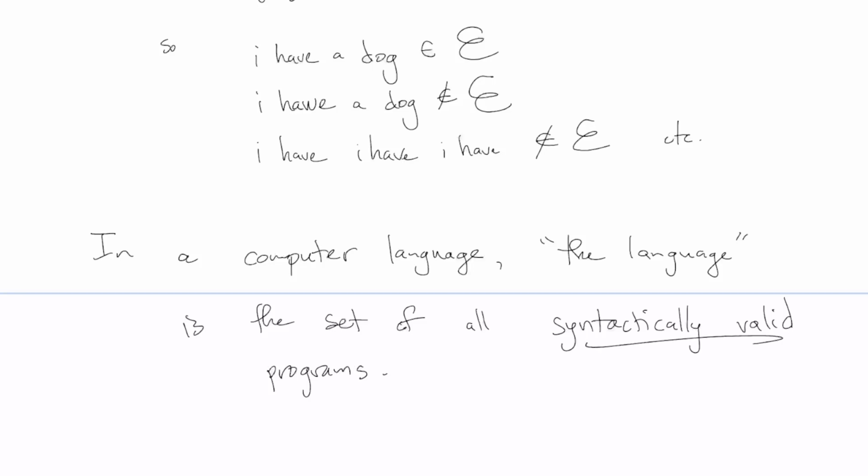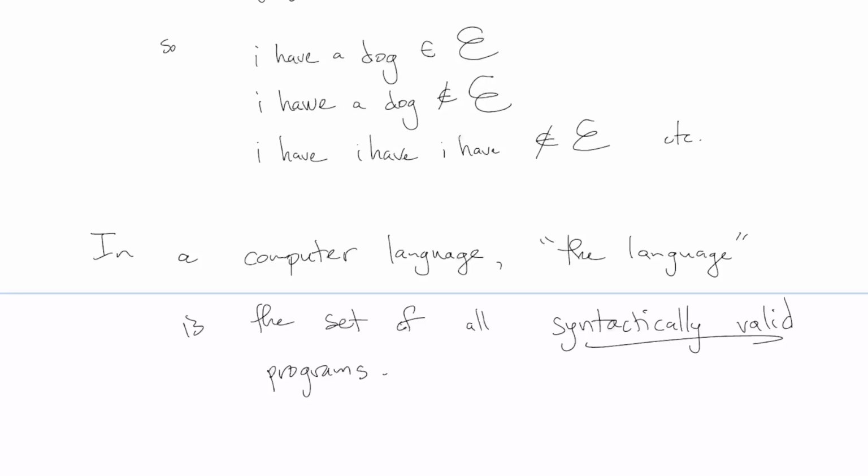Syntactically valid means it makes sense in the programming language. Like you can try to run it and it won't give you an error. I don't mean necessarily programs which do something useful, but just programs which are valid. Not necessarily useful, but at least they are correct and they will actually do something, or maybe they'll do nothing, but they won't give you an error when you try and run it on your computer.